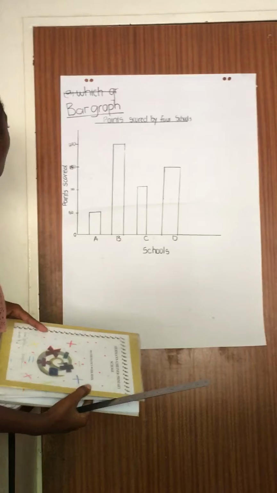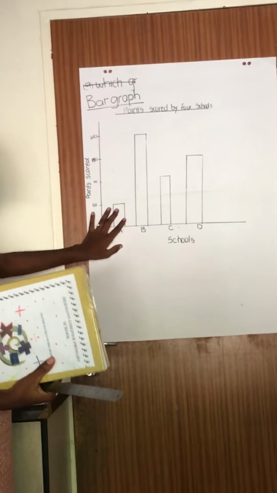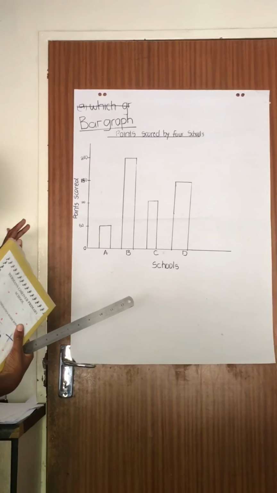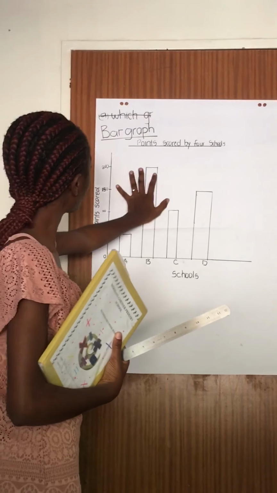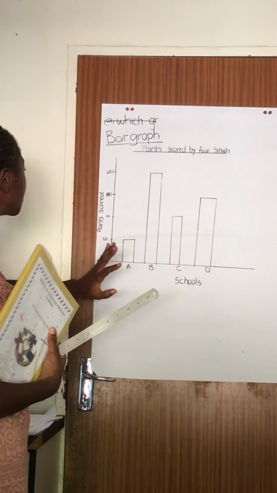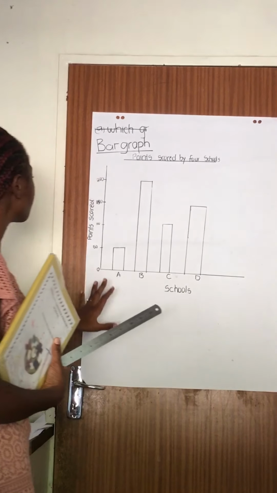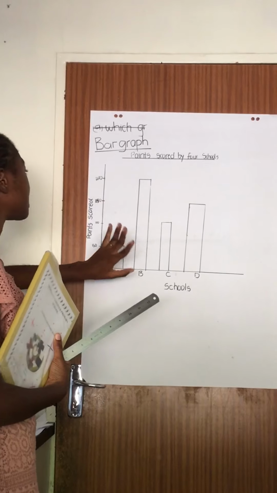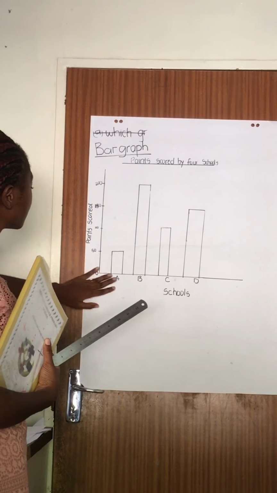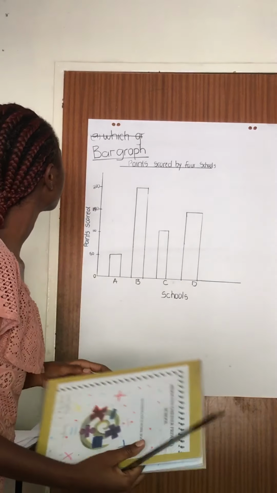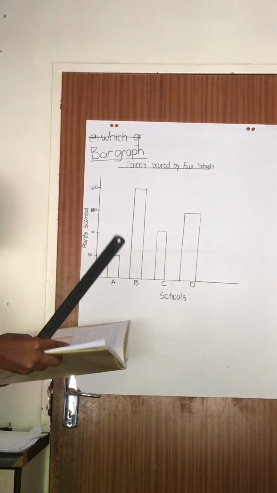We are going to use the bar graph to answer the questions that follow. Our bar graph is already drawn. It has the title and all its labels on the y-axis and x-axis. The bars are drawn, so for you it's just to answer the questions that follow.